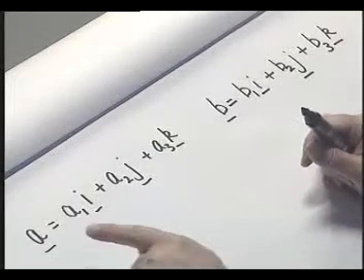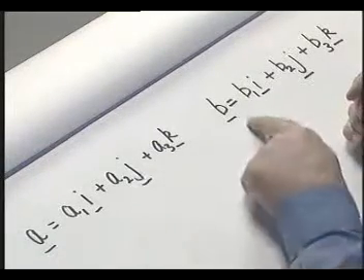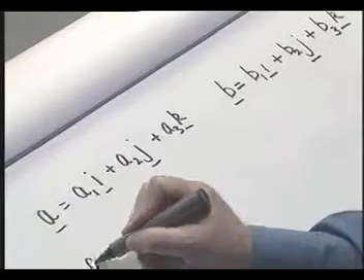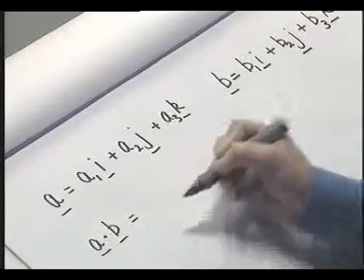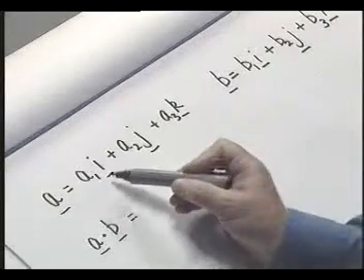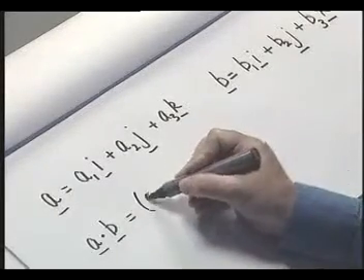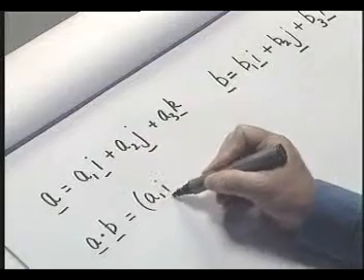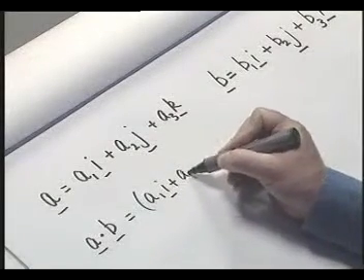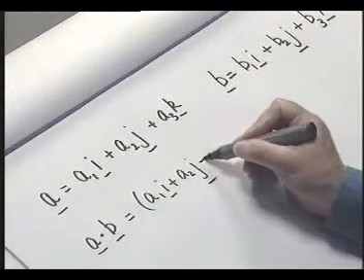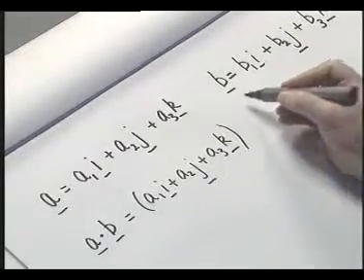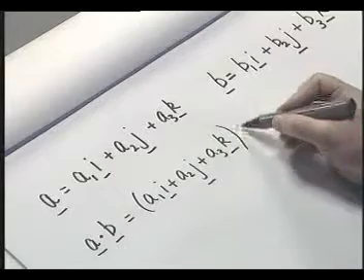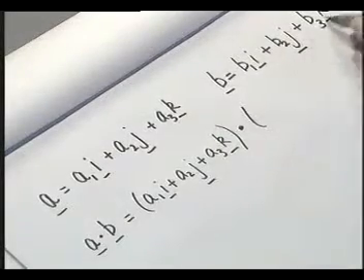What I want to do is work out the dot product of a and b. So let's work it through. a dot b equals the first vector, which is all this, dotted with the second vector b, which is all this.